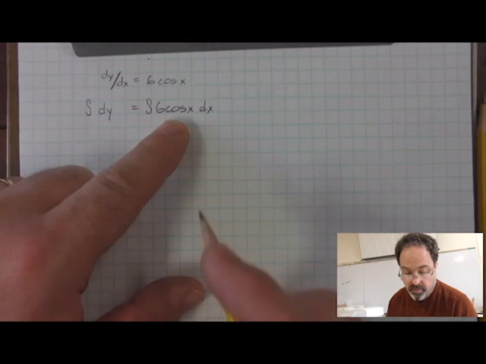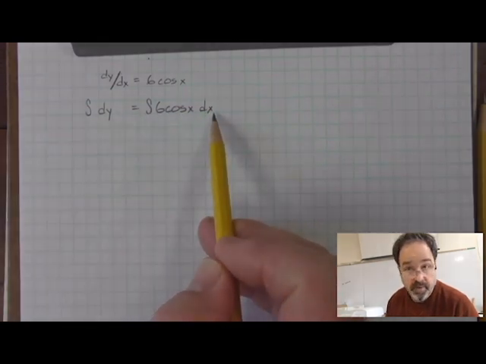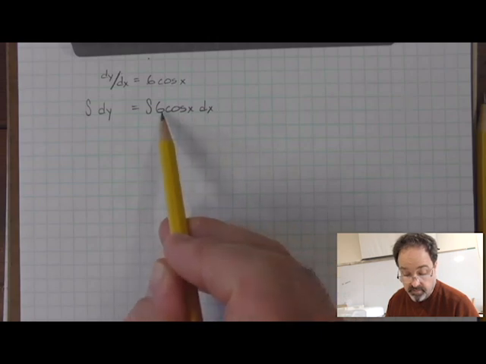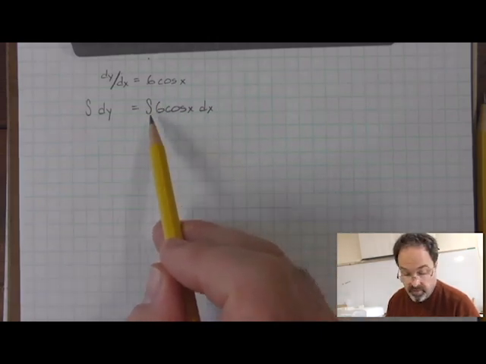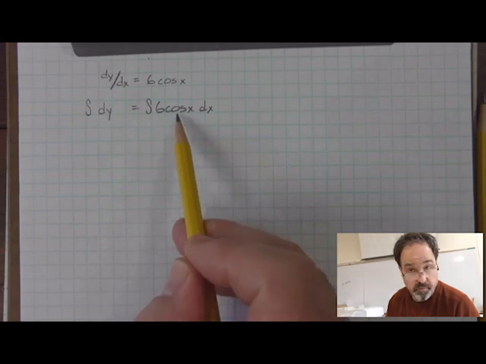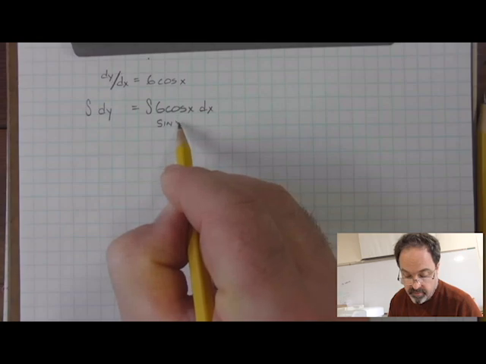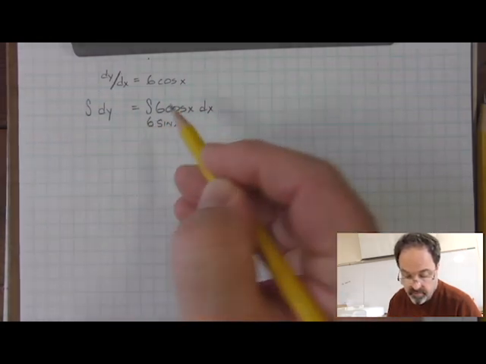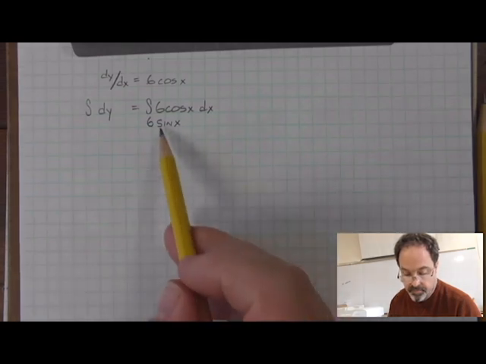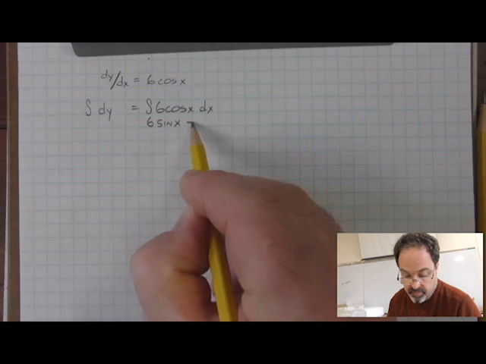On this side of the equation, it's the integral of 6 times the cosine of x with respect to x. The 6 can be taken out and multiplied later. It's a constant. So I'm thinking, what is the antiderivative of cosine? It's sine of x. And the 6 then multiplies. I also need a plus c.